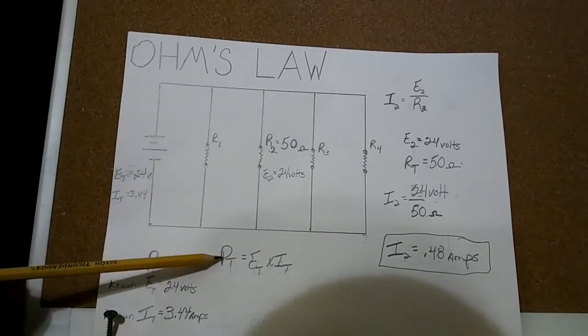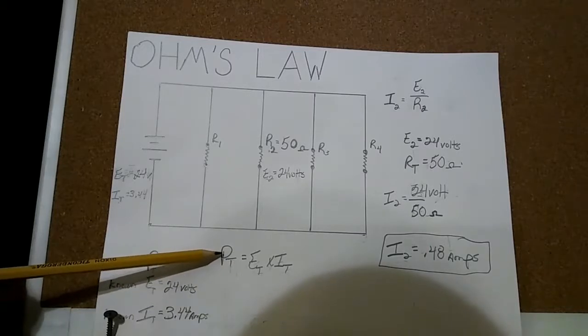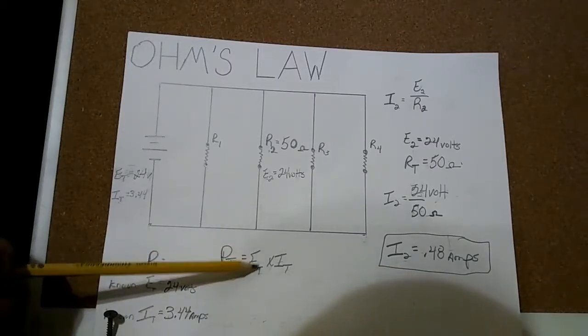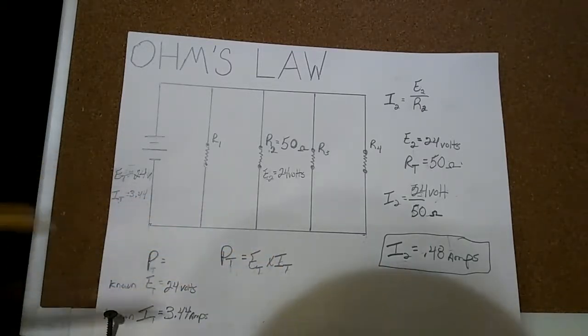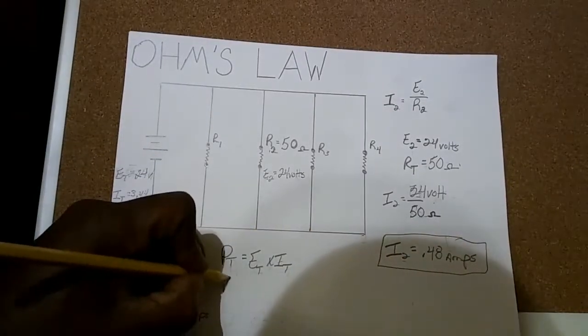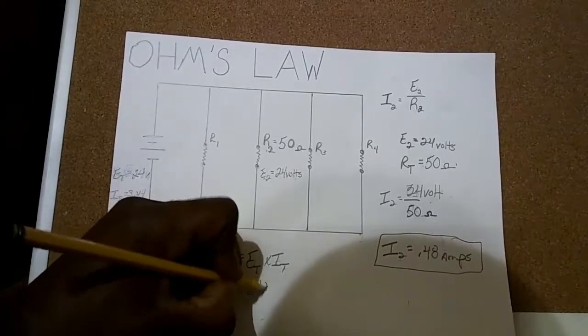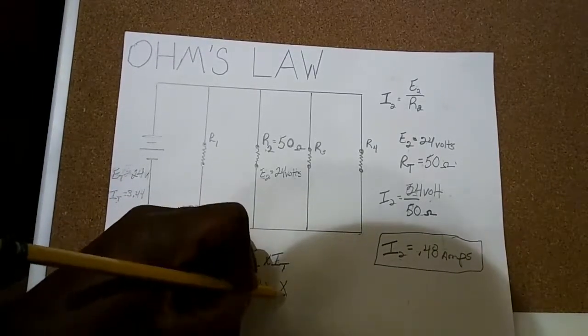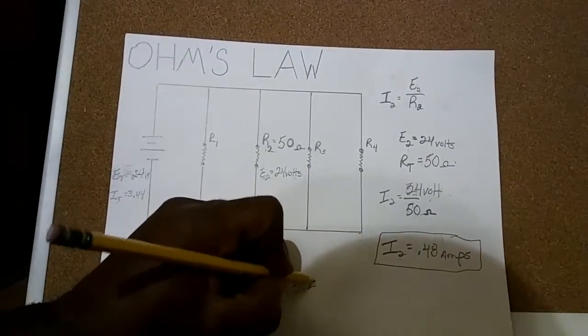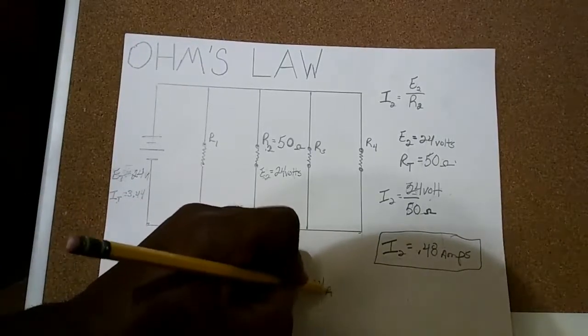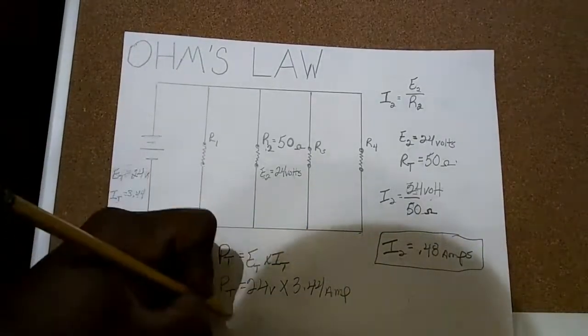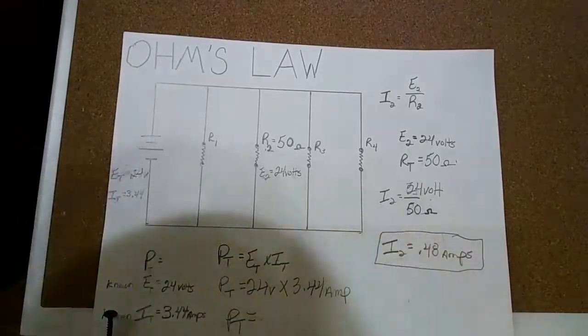Now I can use that to find my total power. I can use this formula right here: P total is equal to E total times I total. So I'll just plug in. P total is equal to 24 volts times 3.44 amps.